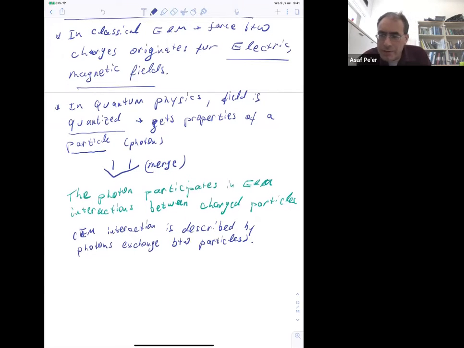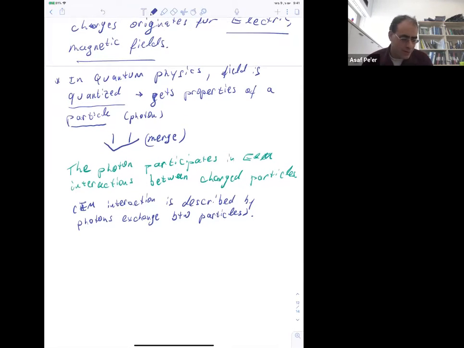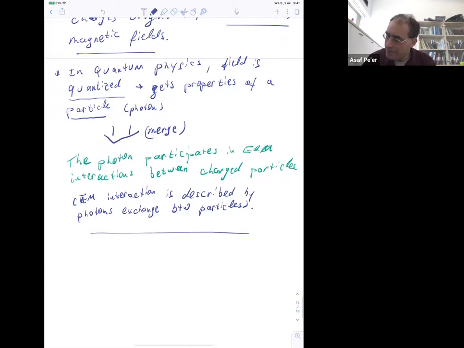So let's see how this works in reality. Questions? No? I'm a little bit concerned that you don't have questions. Okay, so quantum mechanical description of a photon.